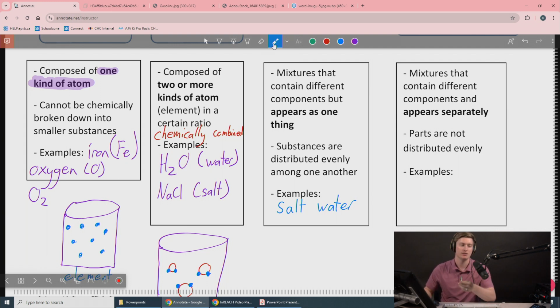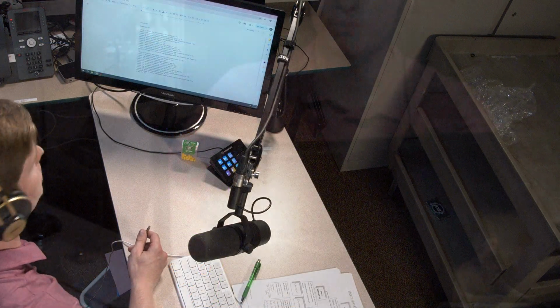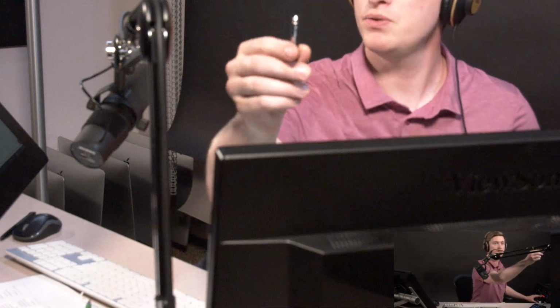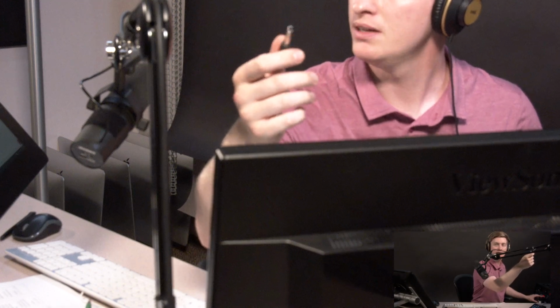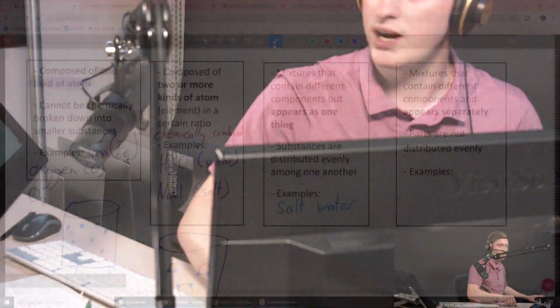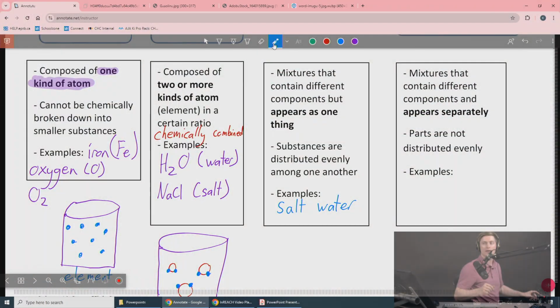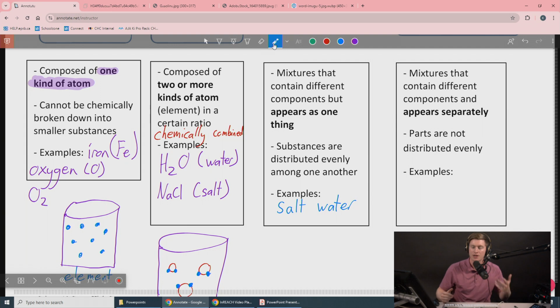If you are looking really close at this little piece of metal, this is a little end of a cable. It's a little blurry on the camera, that's okay. It all looks like one shiny piece of metal. That's the takeaway there. It all looks like one shiny piece of metal, but it's a mixture, even though it looks like one thing. It's got not just iron in it.